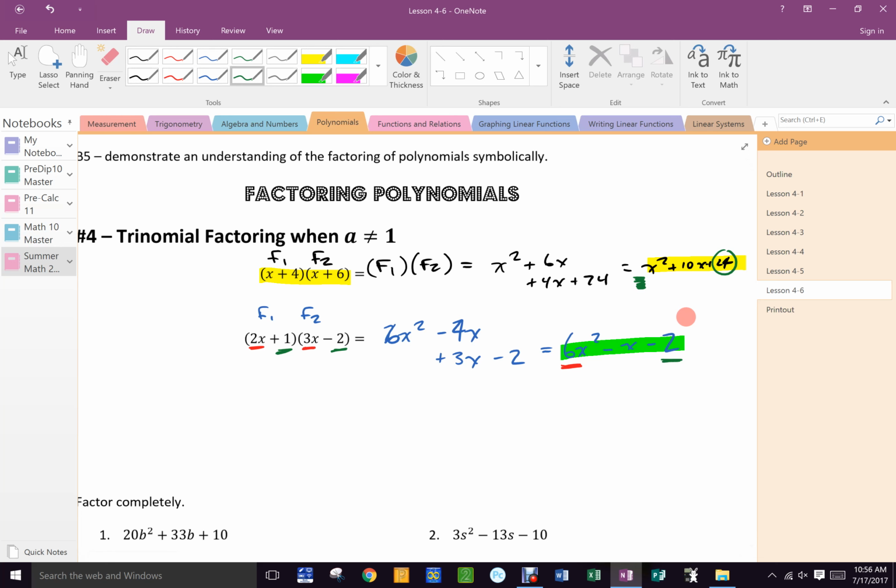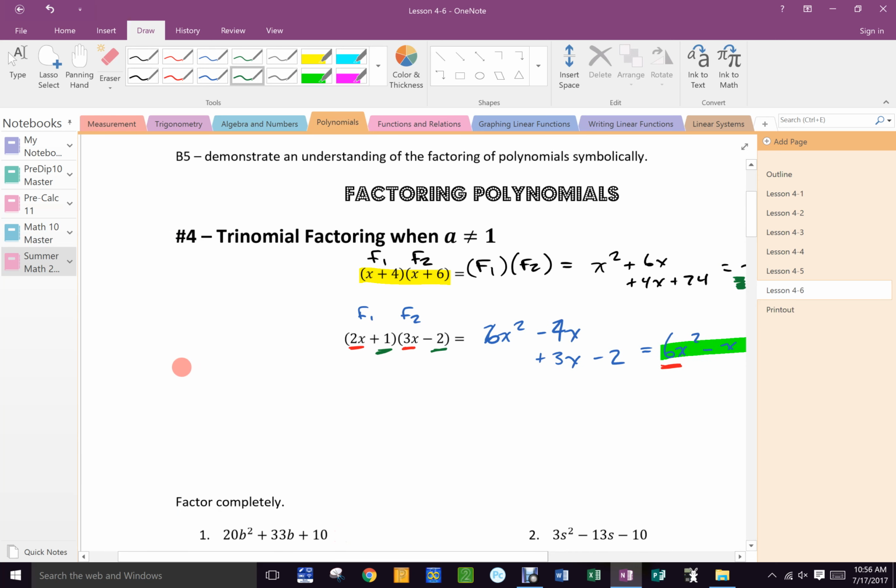Now listen to me. There are at least 4 ways to factor something that looks like this. I'm going to write it out over here. If you already know what to do, if it's x squared plus some x plus some number, if it looks like that with no number there, then we need numbers that multiply to c and add to b, right?